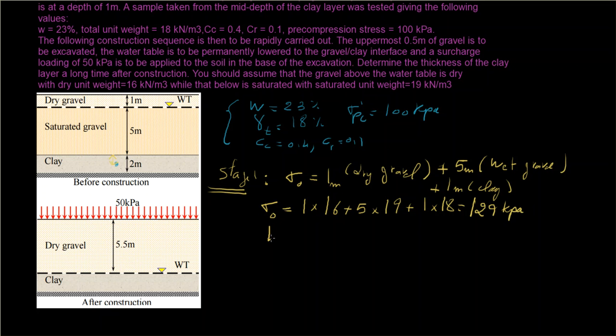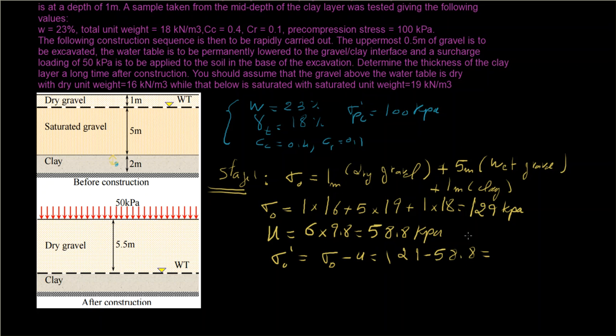Then to find the effective stress, I must find pore water pressure, which is defined from the point of interest up to the water table. So we have 5 meters plus 1, we have 6 meters of water times 9.8. That will be 58.8 kilopascals. Finally, my effective stress is 70.2 kPa.